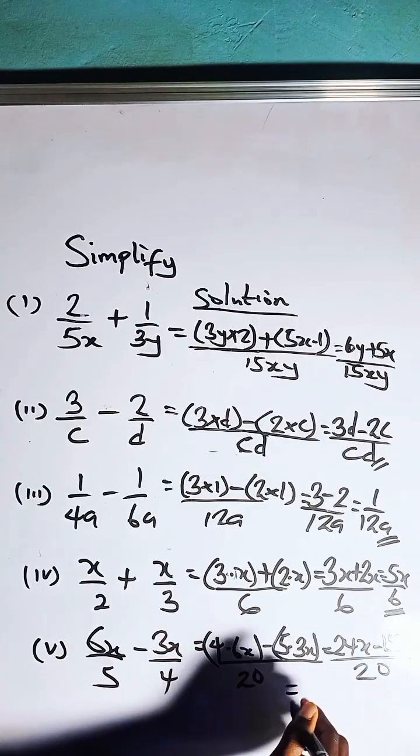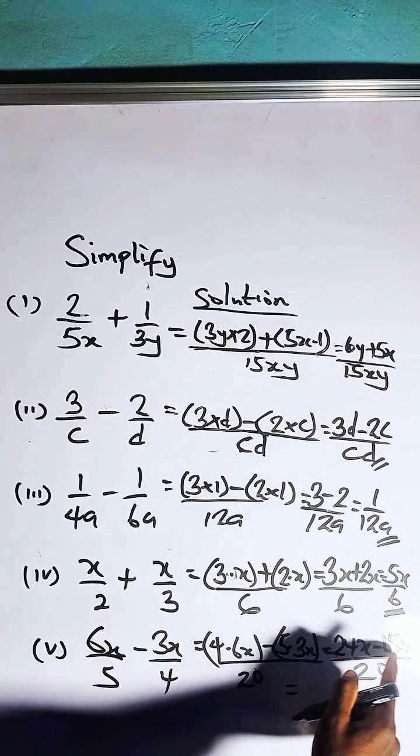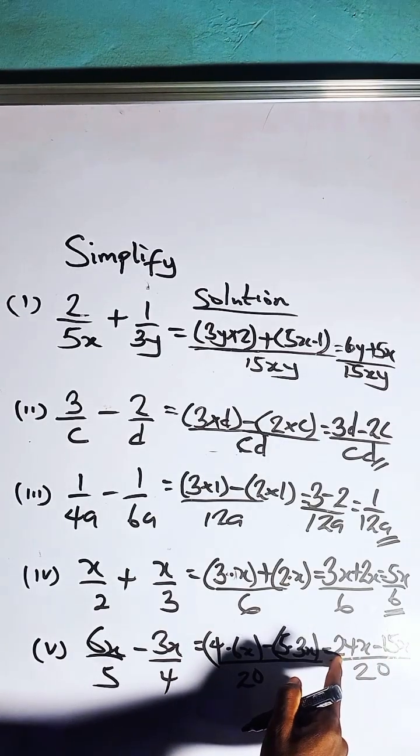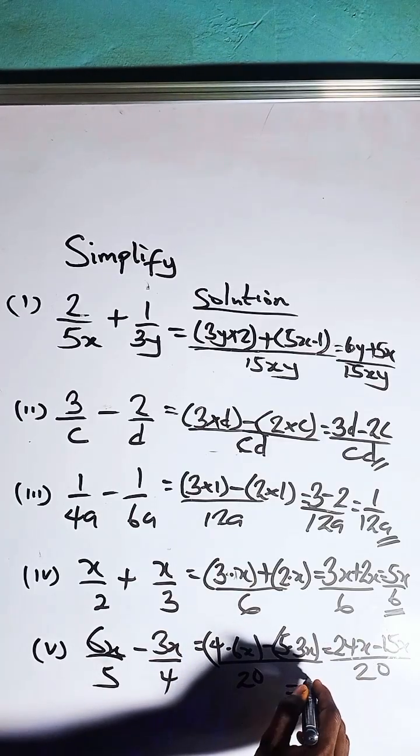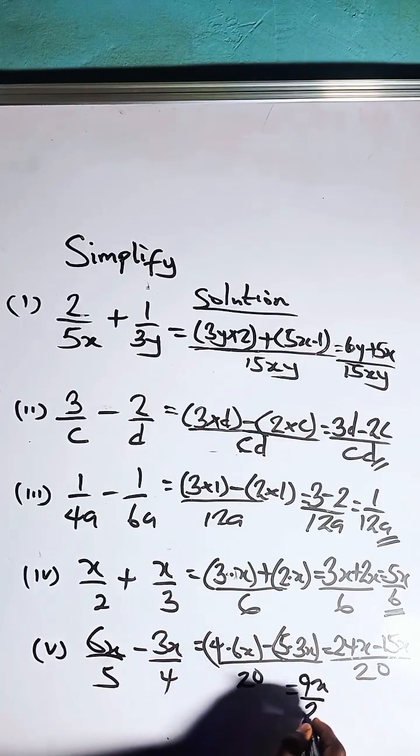We can easily subtract the numerators since it has the same denominator. So 24x minus 15x gives us 9x over 20.